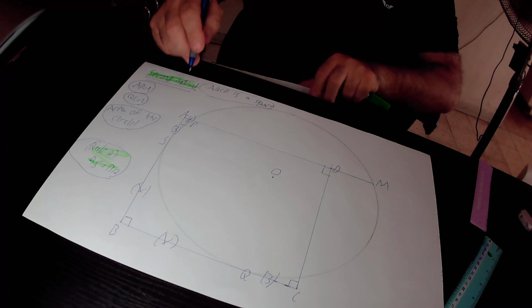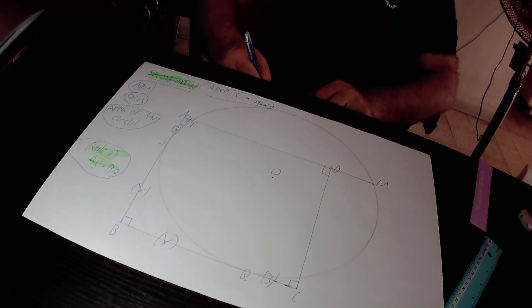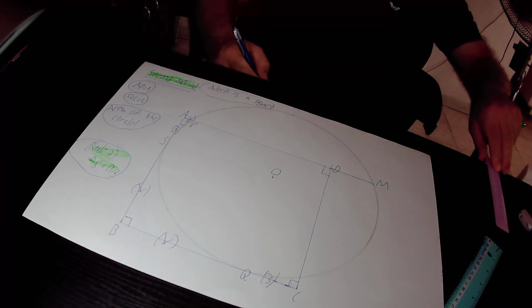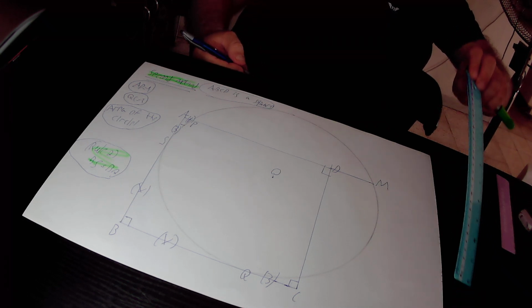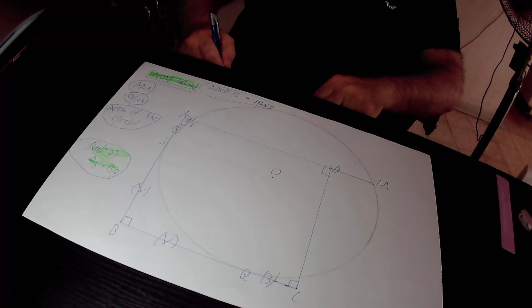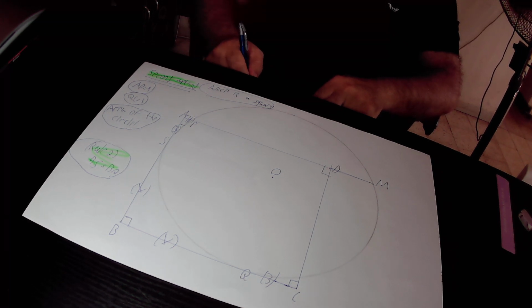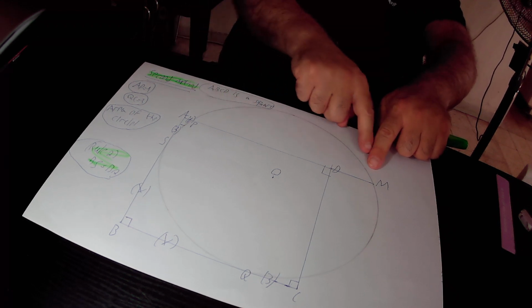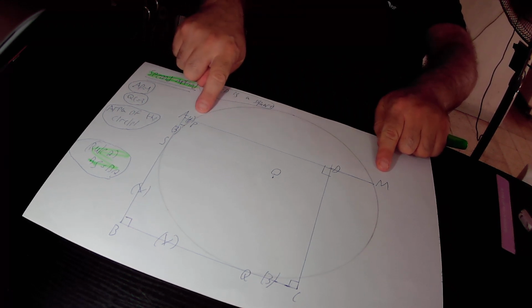AS equals 3, therefore AS square is 3 squared, that is 9, and it is equal to AP times AM. AP is 1, and AM, in total, equals AP plus PM.